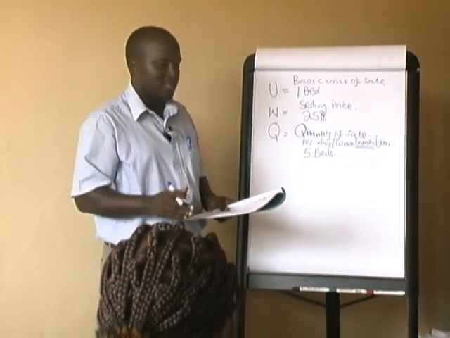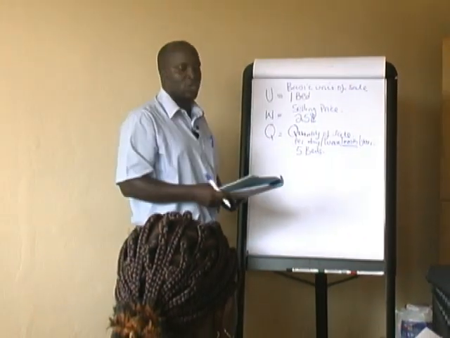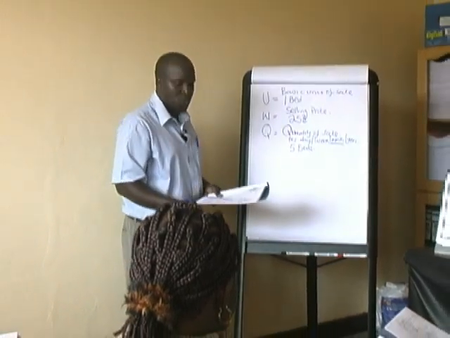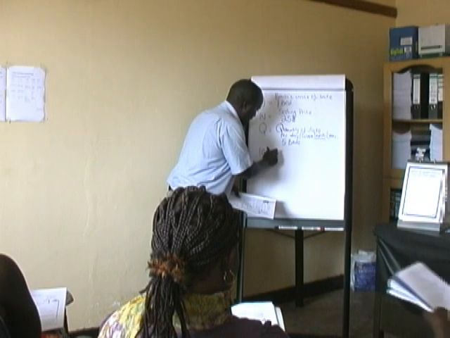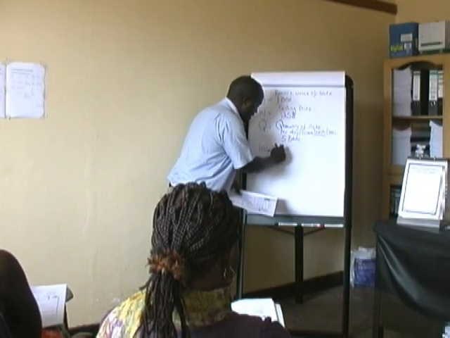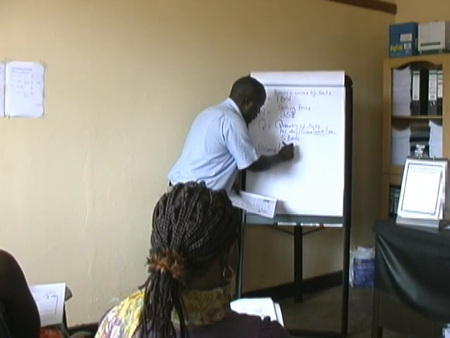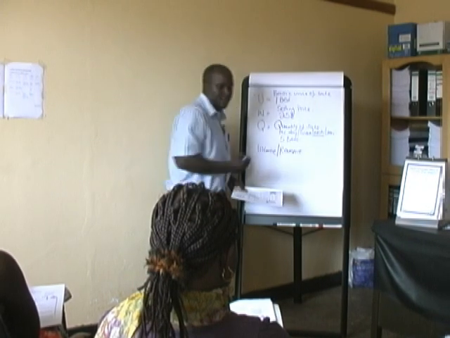Now, once you know the quantity and you know how much each unit costs, you are in a position to find out your income, as we looked at in the other diagram. The other word for income is revenue.